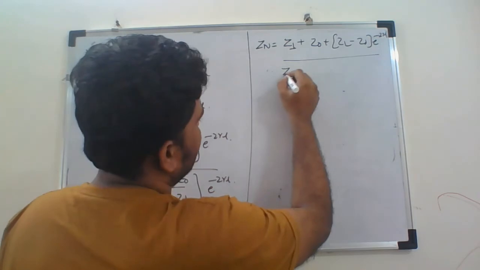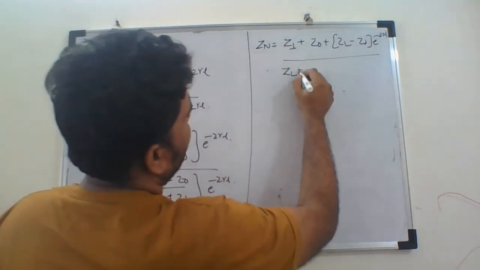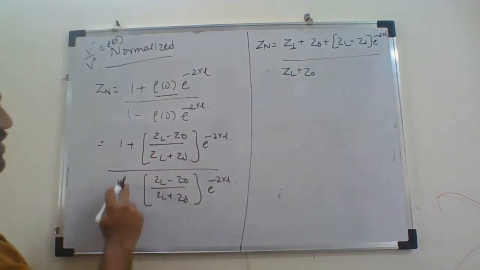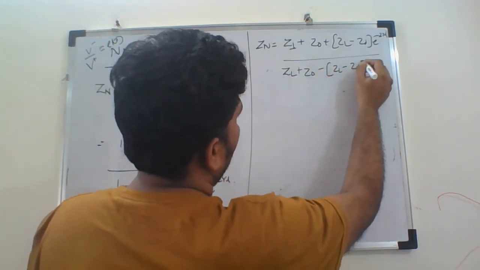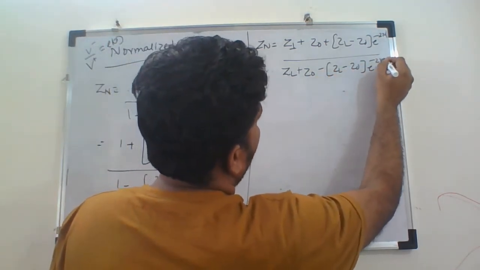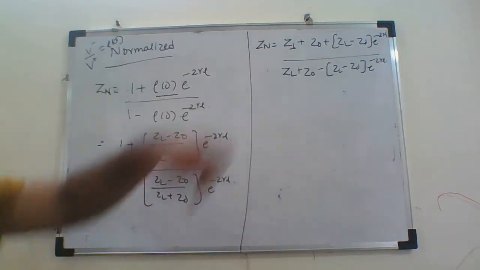And here, ZL plus Z naught minus (ZL minus Z naught) into e power minus 2 gamma L. This is what we are going to get.